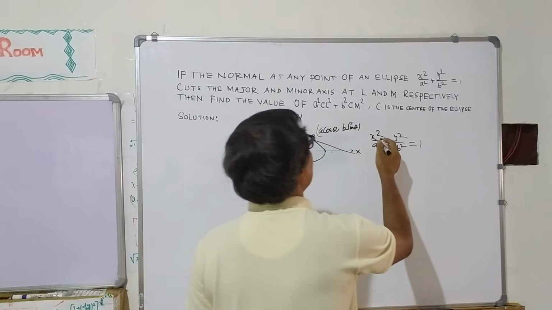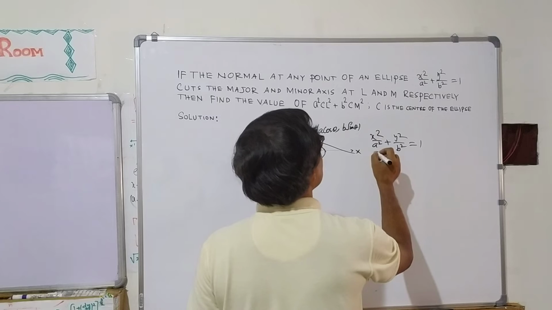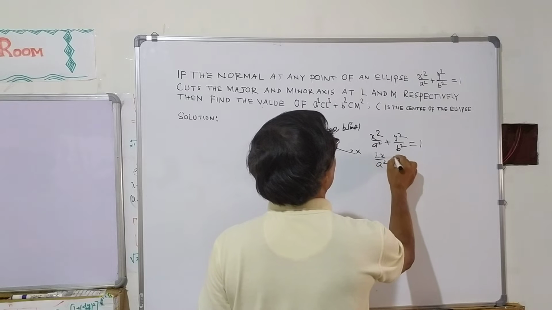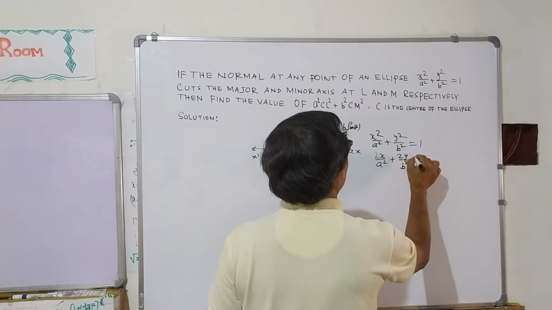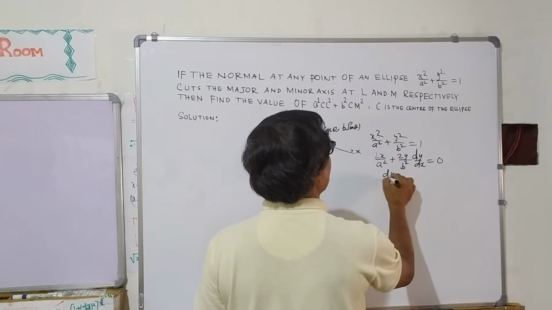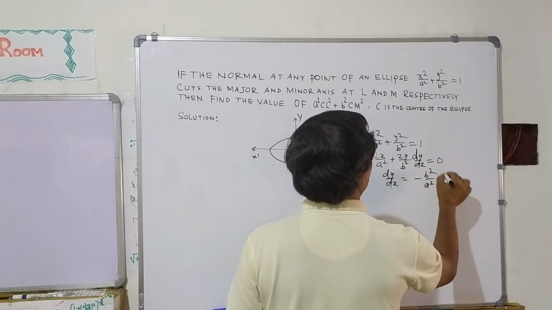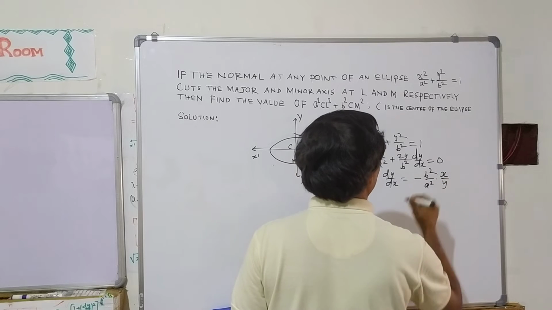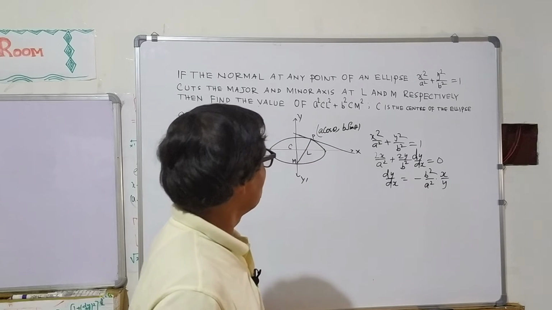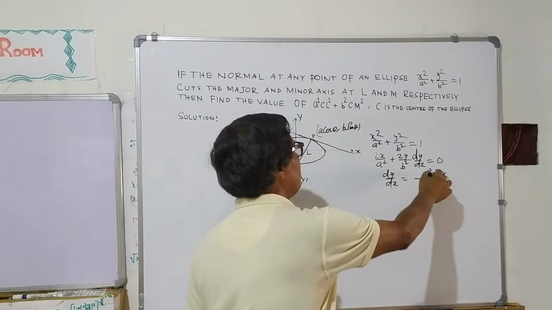So we differentiate the equation of the ellipse and we get dy/dx equal to minus b square x over a square y. This is the gradient of the tangent.